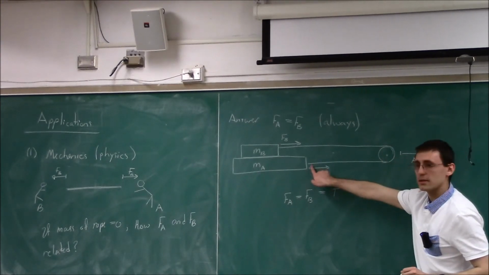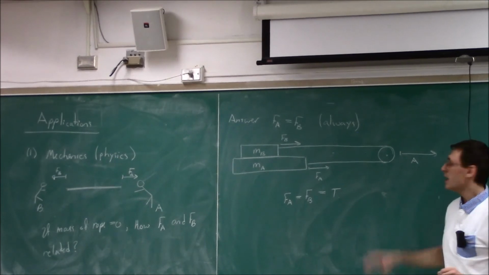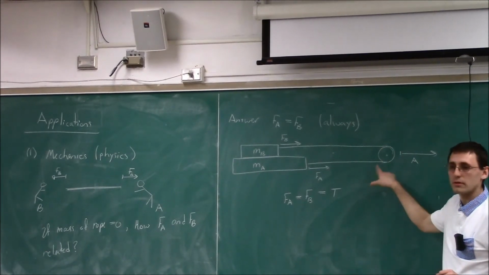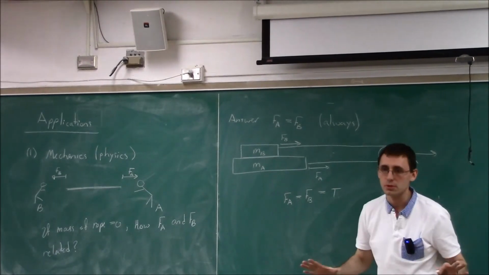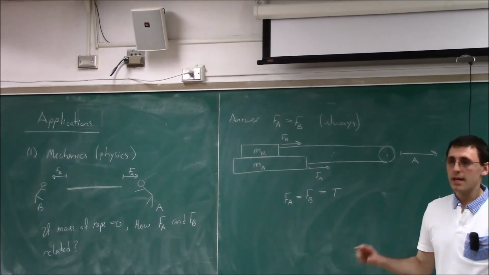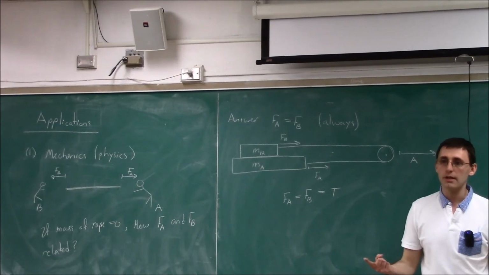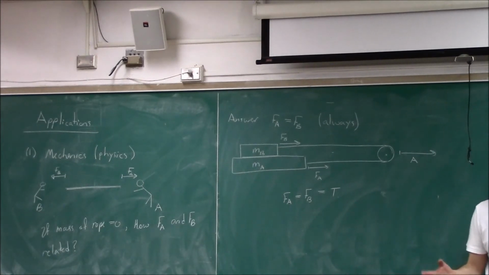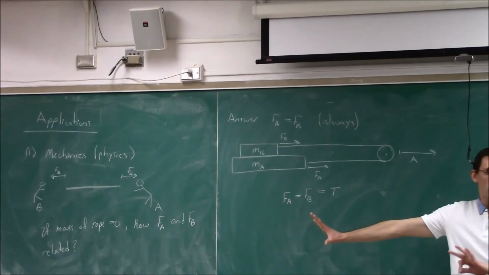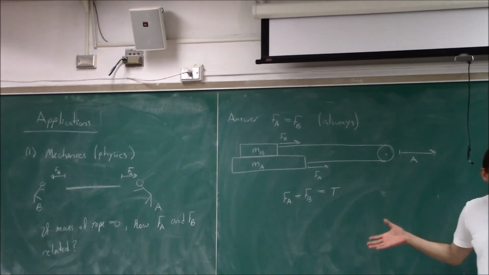Because if there is a difference in those forces, that will cause infinite rotation of the pulley. You see? So this is not true if the pulley gains mass. If the pulley has significant mass, this is not true. If the pulley has very little mass, this is almost true. And if it ideally has 0 mass, it's exactly true. Okay? So by understanding infinity, you understand a possibility that cannot happen, and that allows you to solve many problems in mechanics, right? Your possibilities are either infinity or something not infinite, and nature supposedly chooses not infinity.